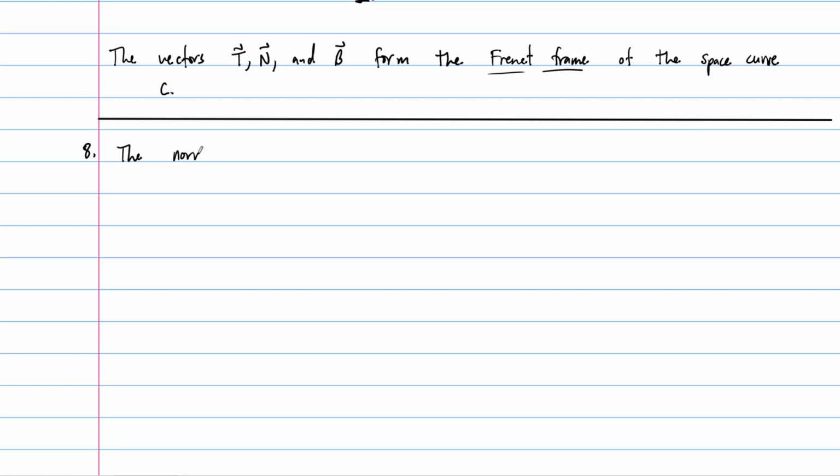So the normal plane of a space curve at a point P equals R of t.